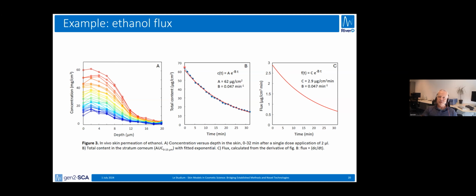So here you see what happens to the concentration, and by taking the first derivative of that, you get a measure of the flux of ethanol into the skin. So I think this is something that perhaps Yuri Danzig can put his teeth in trying to model.